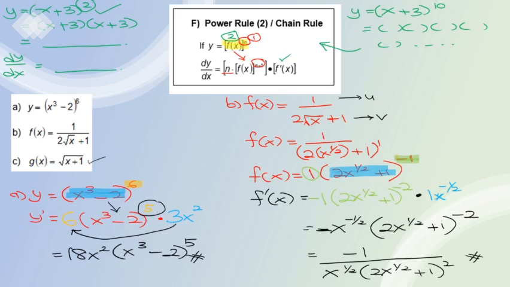Okay, so then the final answer kita darabkan negatif 1 dengan yang belakang. So negatif 1 darab 1, negatif x, negatif 2x setengah tambah 1, negatif 2.